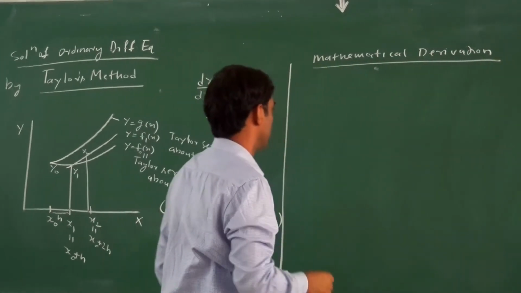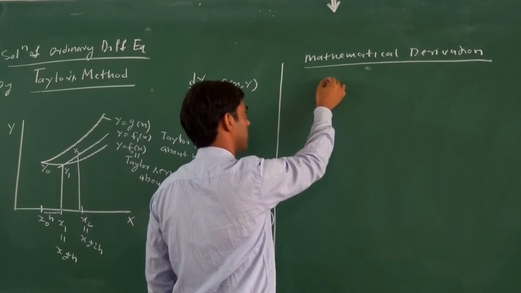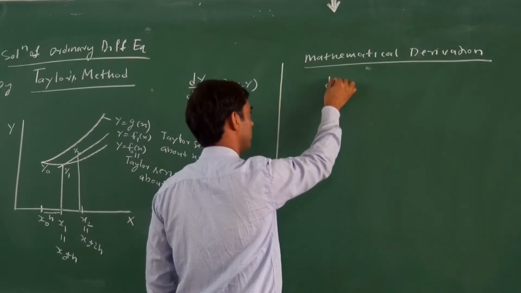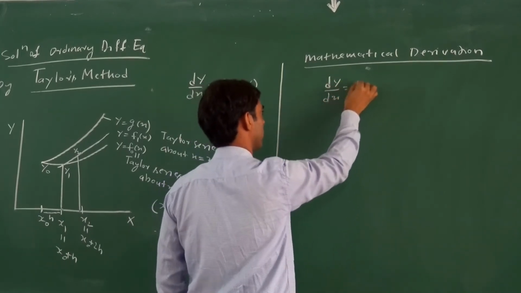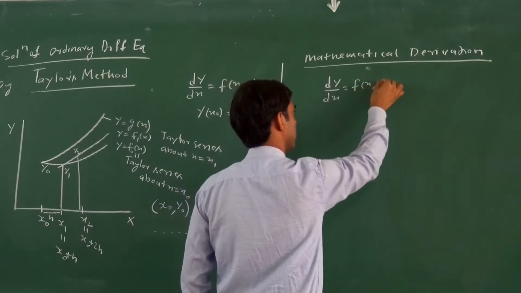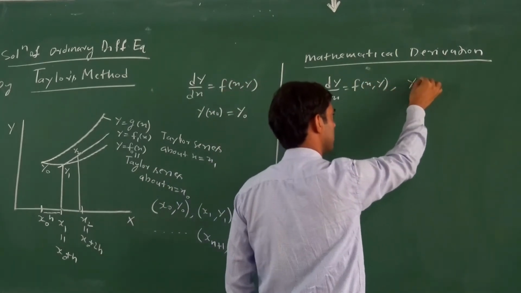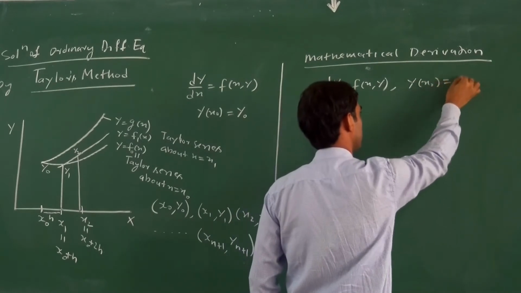The ordinary differential equation that we are going to solve is dy/dx = f(x,y), and the initial condition is y(x0) = y0.